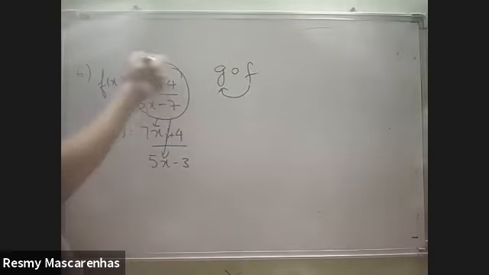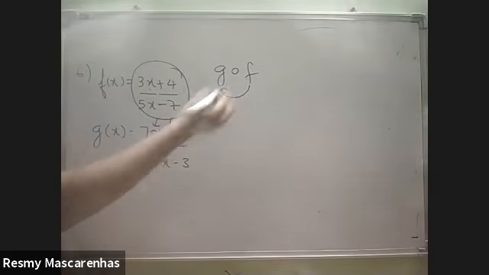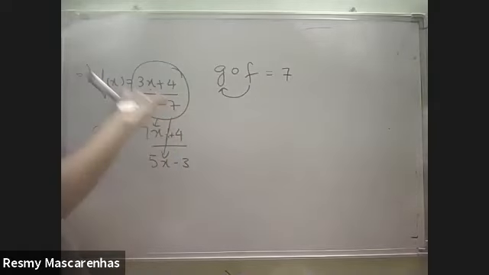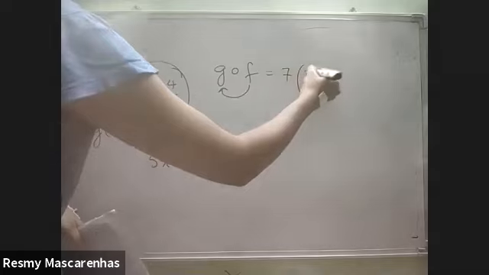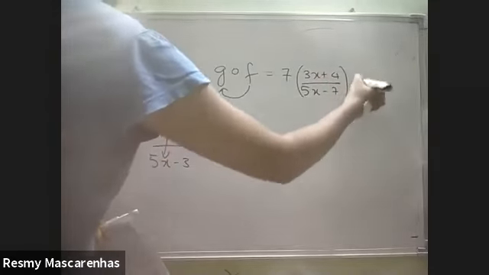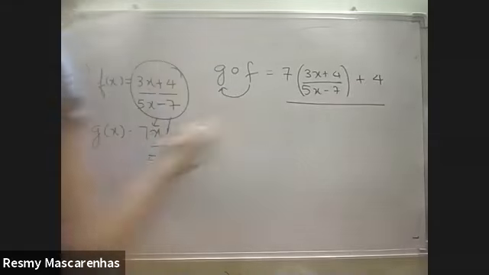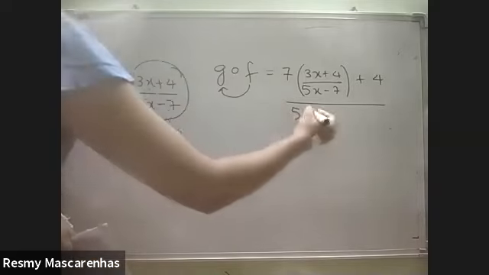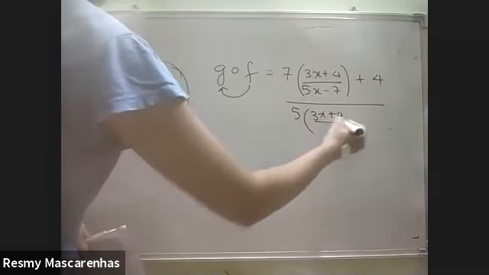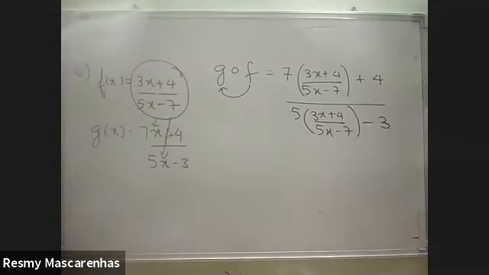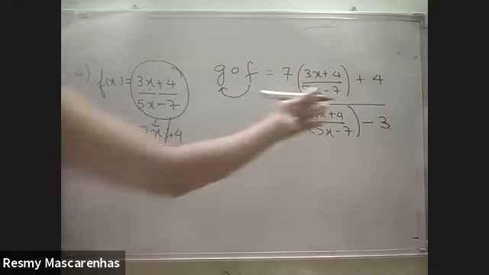Okay, so this whole F will come instead of X here. So what we'll have to do, 7 times instead of X, this full thing you have to write, upon again 5 times instead of X, this full thing. Okay, and then simplify, cross multiply this.